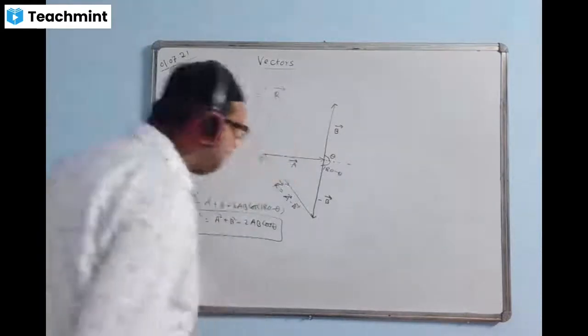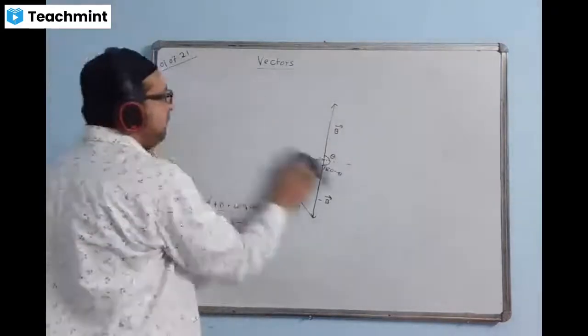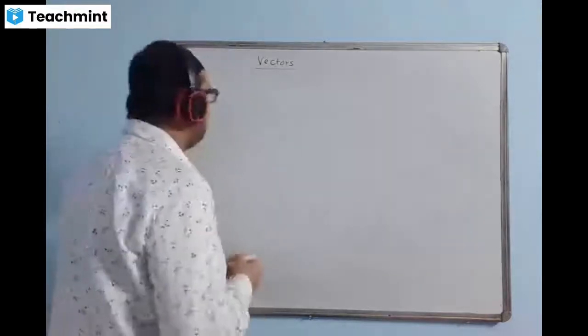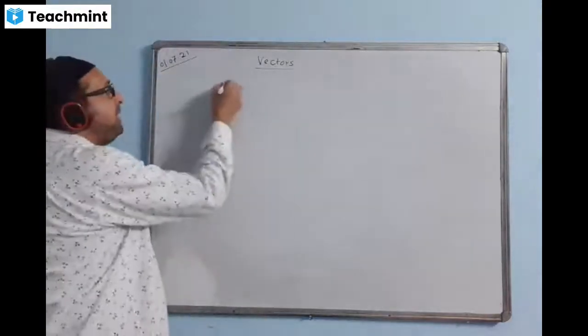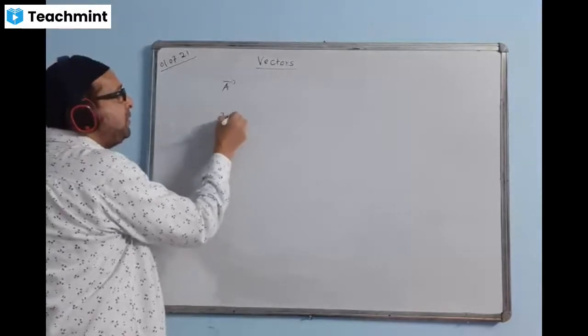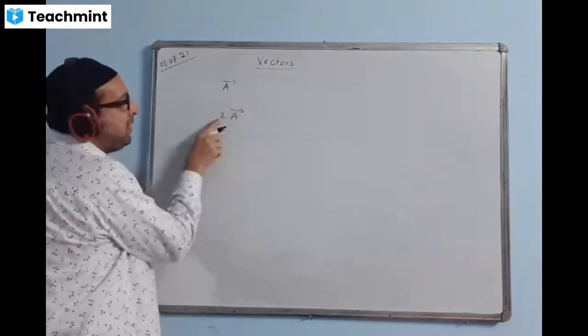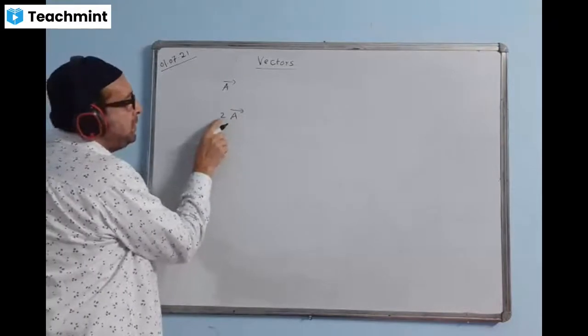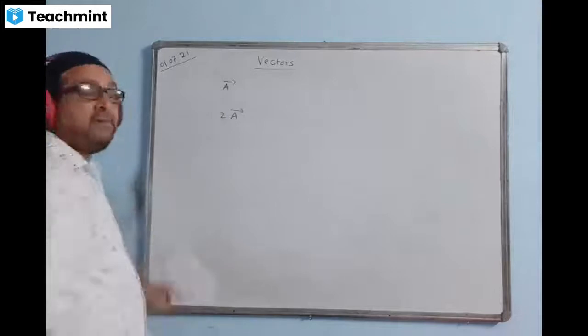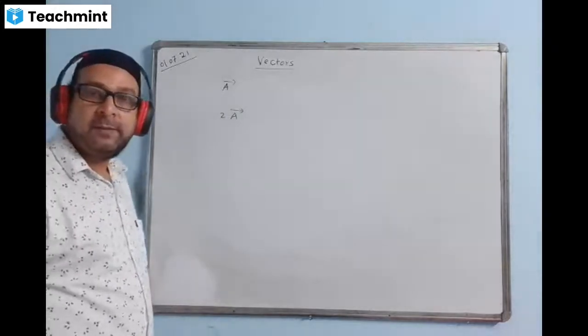Okay. Now, what is the meaning of this? Suppose we have a vector A like this, then what is the vector 2A? This is called scalar multiplication of a vector.